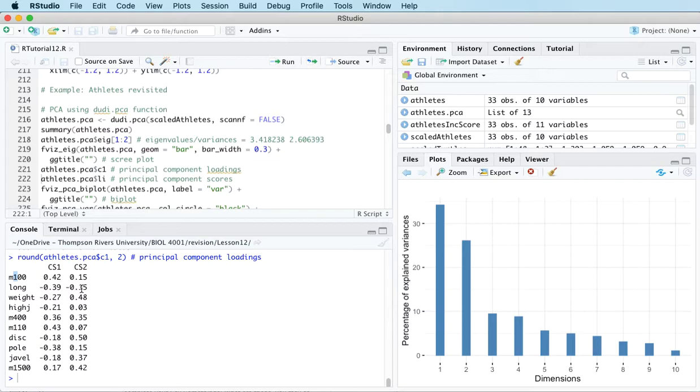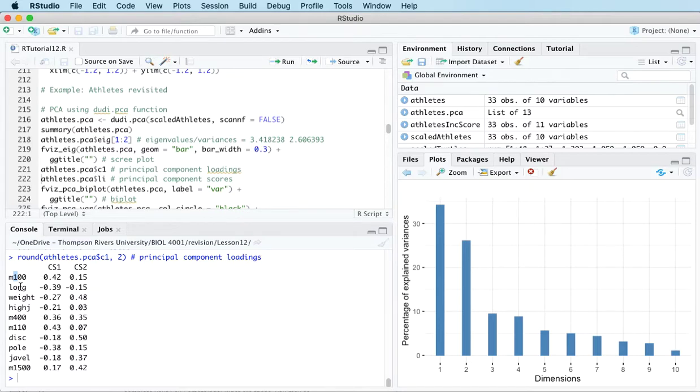Let's think about that a little more. Let's think about how the variables were measured in the first place. For the running events and the hurdles, the measurement was time to finish, so a low number is better, because that means you finished the race quicker.